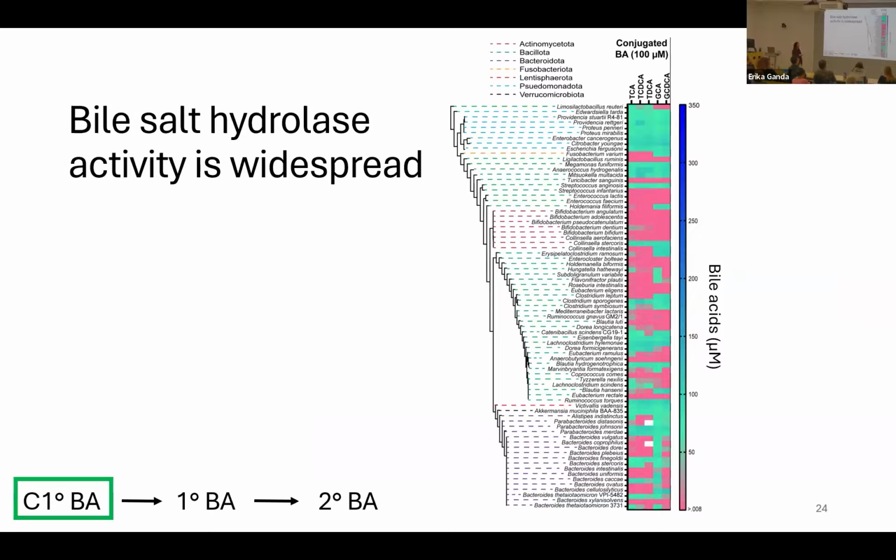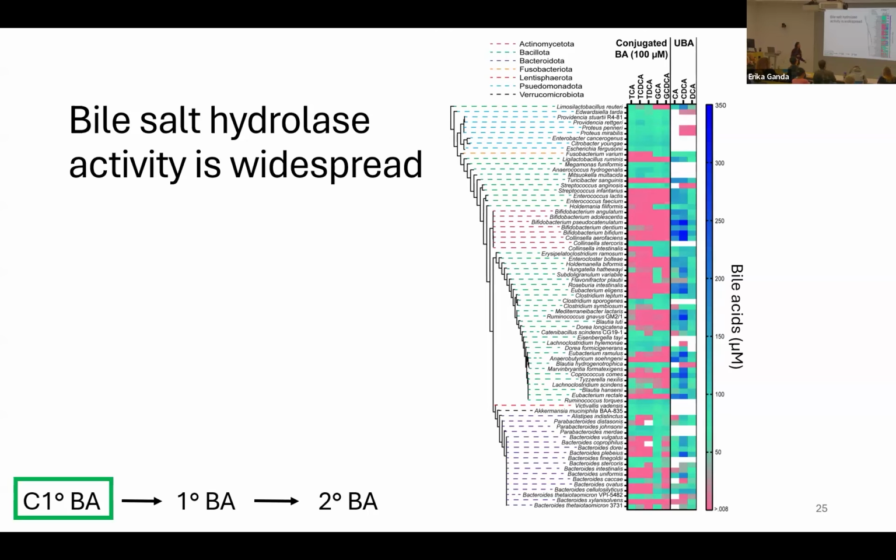So same thing on the right, we have a scale bar. You can see these up here at the top are about 100 micromolar, right? That's about here. So that means that these conjugated bile acids remained in the media throughout the growth course. In contrast, there are sections like this that are pink, and that means all the conjugated bile acids had disappeared from the media by the time of sampling.